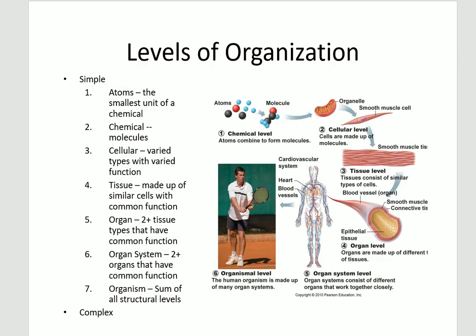When we talk levels of organization, we always look at it from simple to complex. So the smallest unit of a chemical is an atom, right? We all know this. Atoms are tiny units that make up chemical molecules.